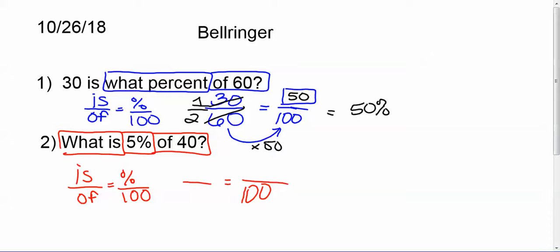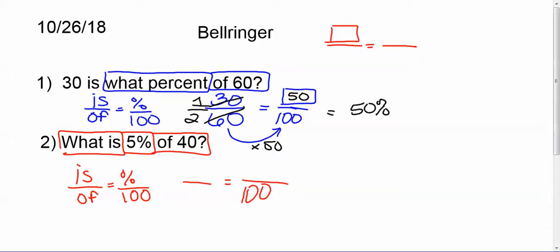When it says 30 is what percent of 60, a lot of times you're used to finding these where the missing piece is a partial amount. It has thrown some kids for a loop today when they realize we don't know the percent. We've always been given the percent.